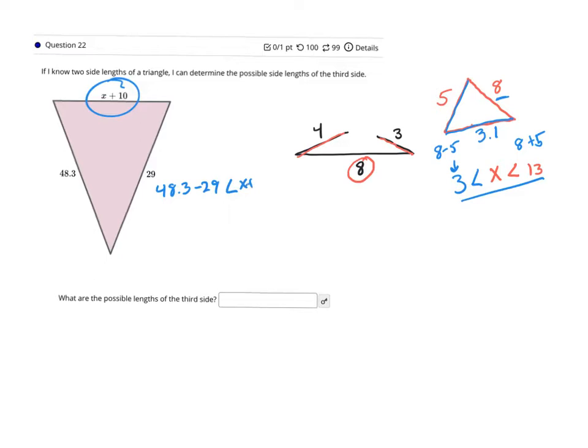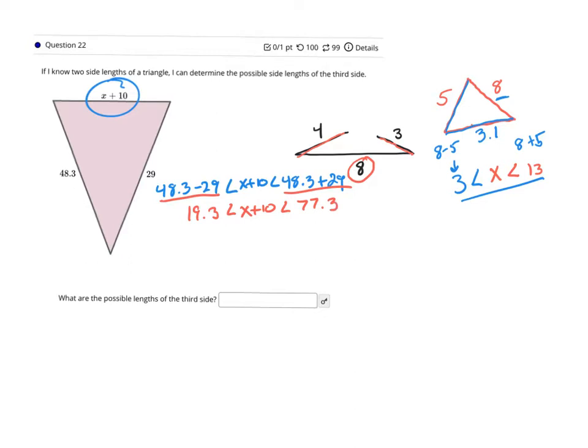It's going to be x plus 10 is less than, and then I have to do 48.3 plus 29. So when I subtract these, I'm going to end up with 19.3 is less than x plus 10, which is less than, when I add those two together, I'm going to get 77.3.